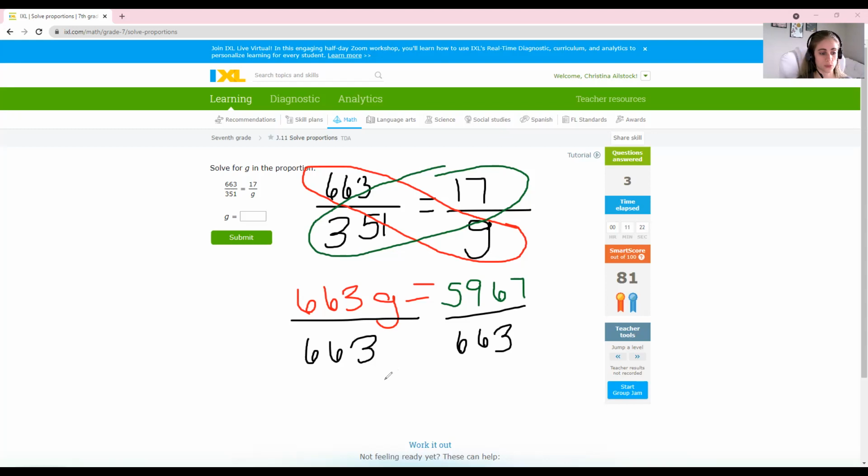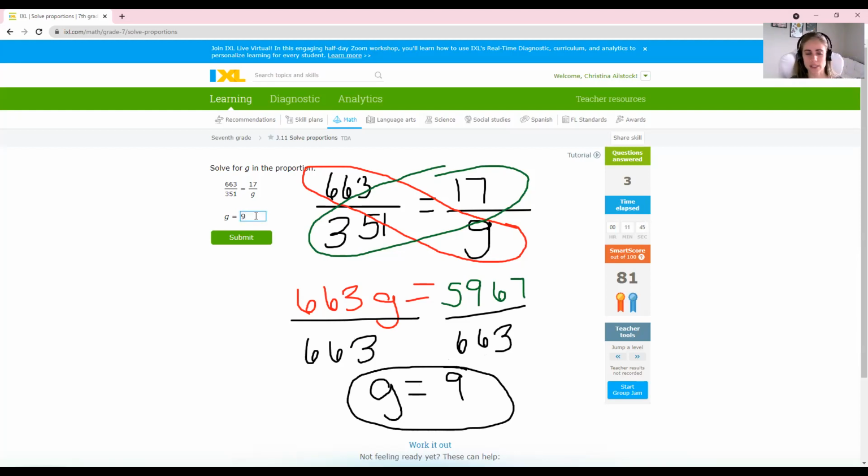So we're just left with one single G. And then 5,967 divided by 663. Whew, that's a mouthful. Turns out to be a nice small number, 9. So all of that work just to get the nice itty bitty number of 9.